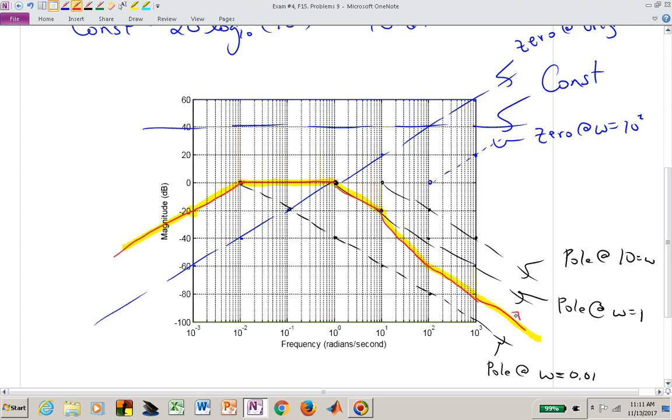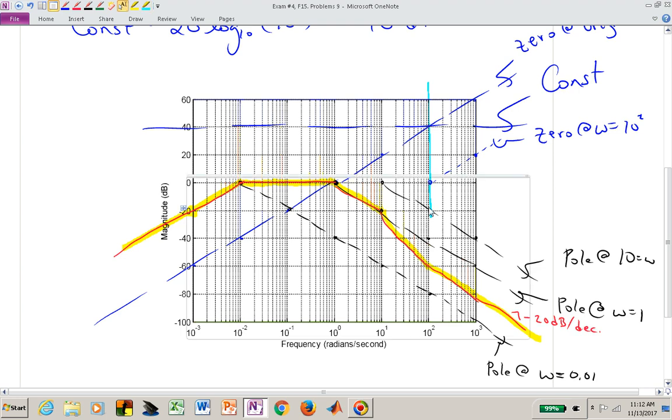This slope, that should be a straight line, is the net pole 0 excess times minus 20 dB per decade. I have 3 poles and 2 zeros, so I should be sloping at minus 20 dB per decade beyond a frequency where I last experienced a change, which was that particular frequency of 100.